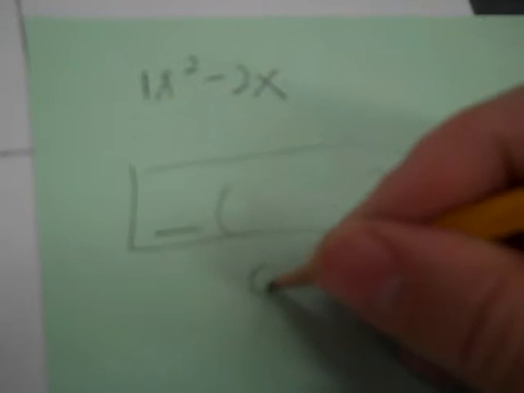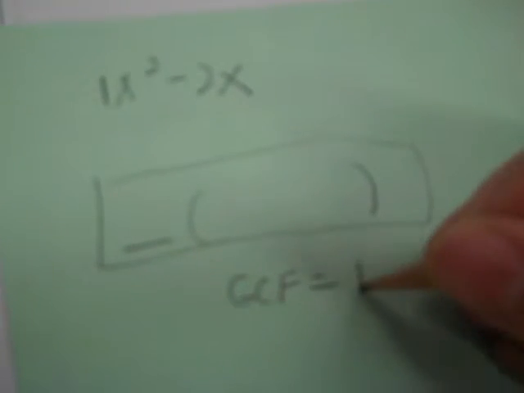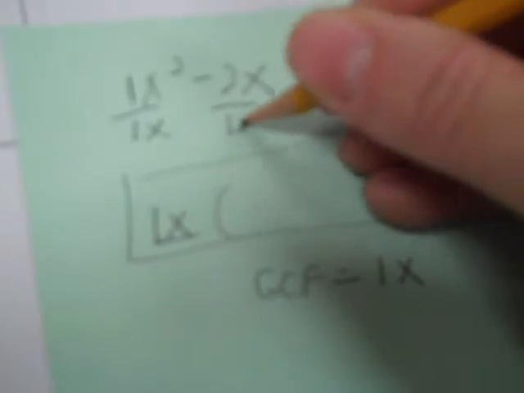Okay, next one. So x to the second minus 2x. Now there is actually going to be a GCF here because even though 1 and 2, the GCF's 1, they both have x, okay? So our greatest common factor, we want to do 1x, okay? So I factor out a 1x, and I go divide by 1x.